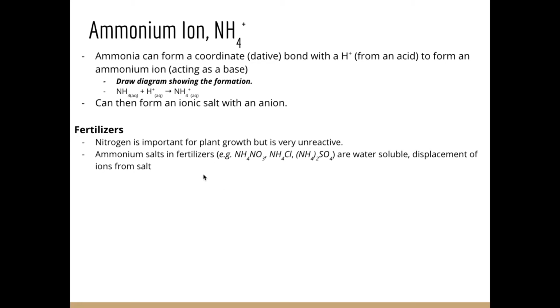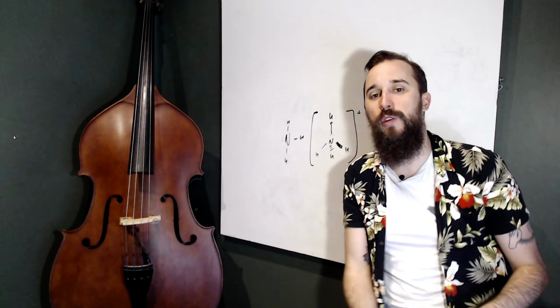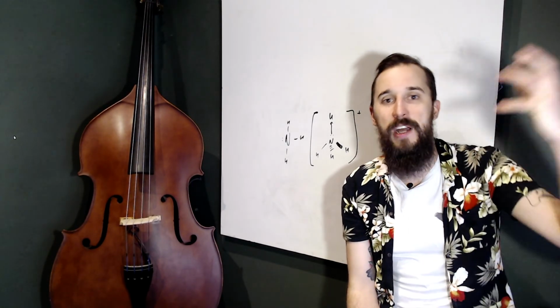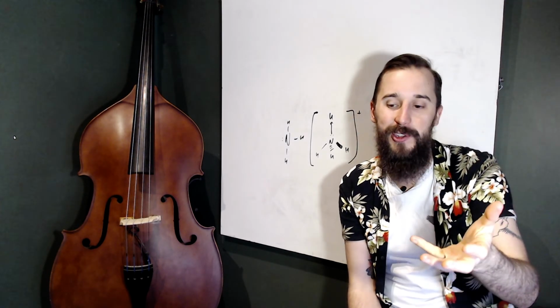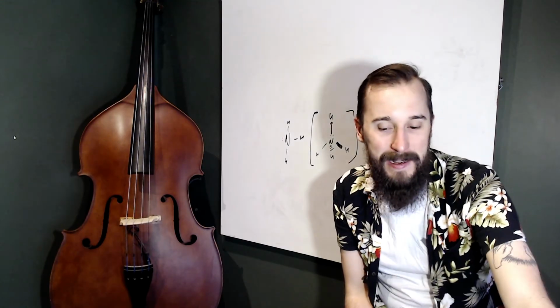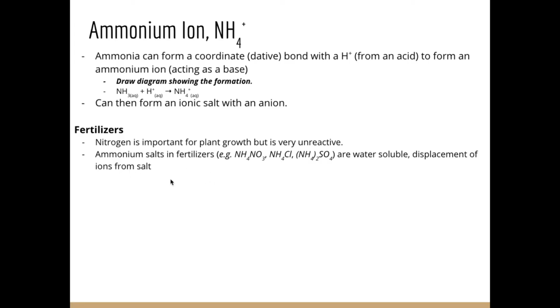The plants can't just get that nitrogen from the atmosphere because it is too unreactive. So we saw it does that naturally by getting nitric acid from the rain after we form the oxides of nitrogen. And that's one way that it can get it, but we can do this artificially by making these ammonium salts. For example, ammonium nitrate, ammonium chloride, ammonium sulfate.